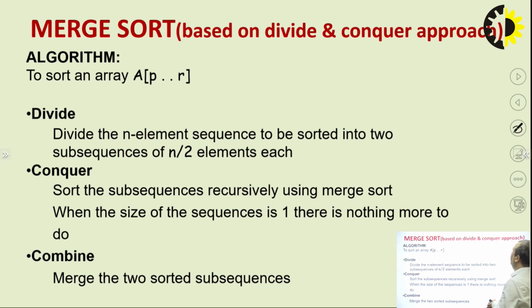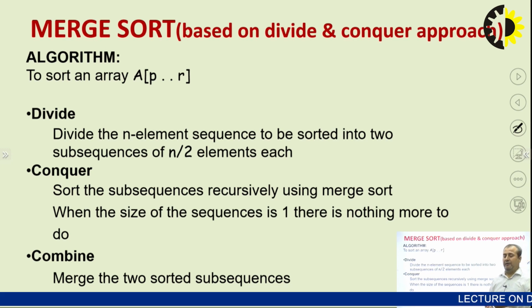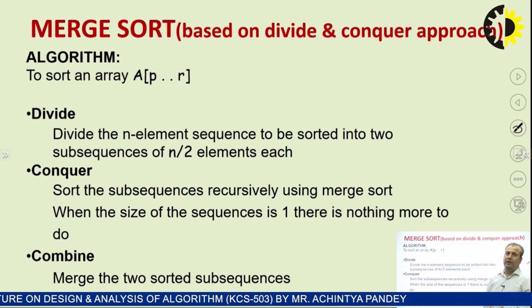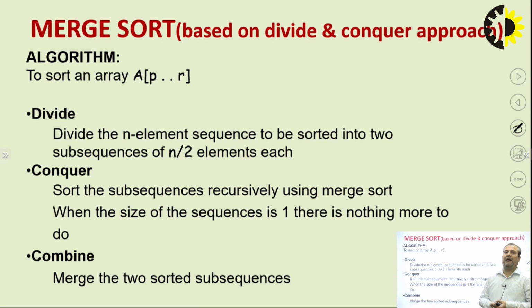Now merge sort can be solved by the divide and conquer approach. Means now we are going to use a recursion-based concept. What is recursion? Recursion means if you define something in terms of itself, then it becomes recursion. In the function we make a recursive function just to solve an n-type problem, right?